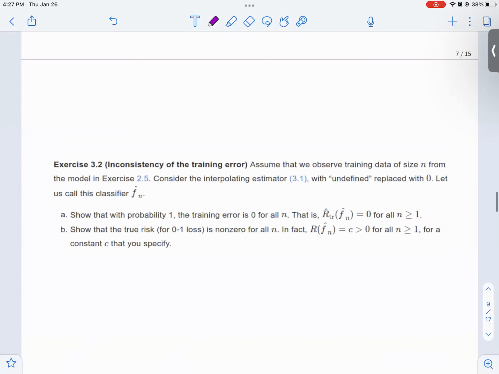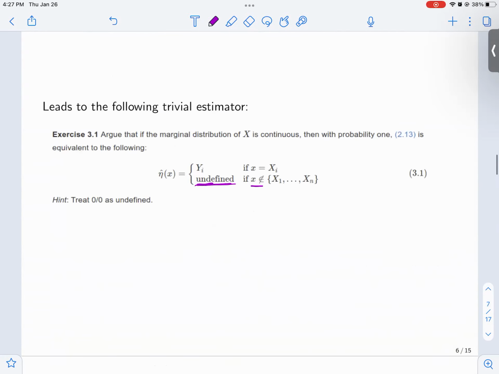So this is going to be an exercise I'm going to assign. You could go and show, in exercise 2.5, the 2 exponentials, if you remember the hard example, the exercise in homework 1. Suppose that I define this estimator to be 0 everywhere outside the training, so that it's undefined no more.